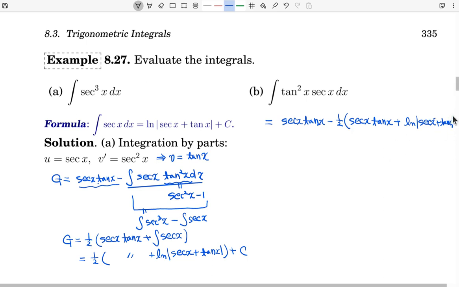Now it's hard, so it's not easy to make. Now that is C. That's the final answer for that one.